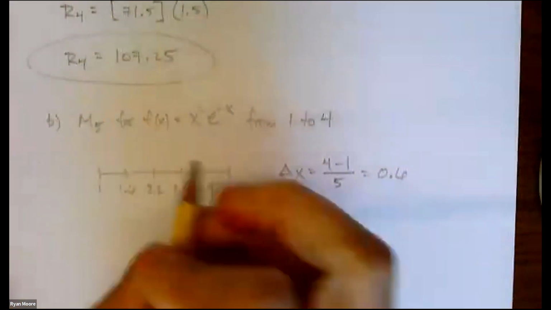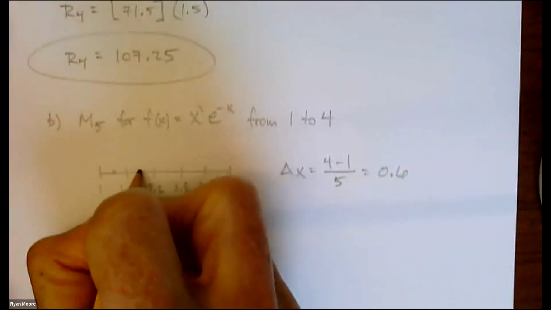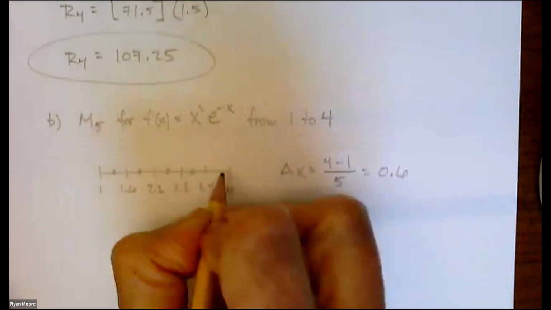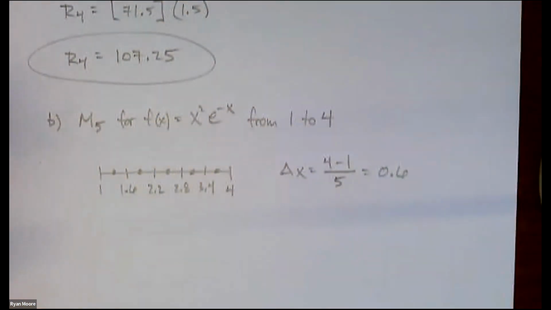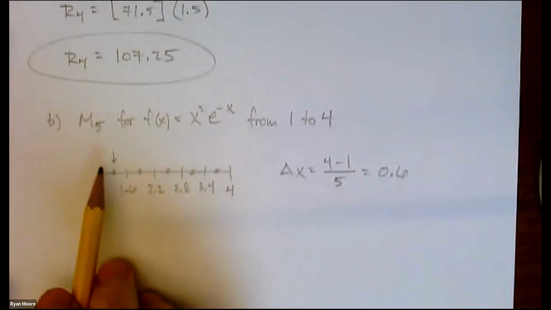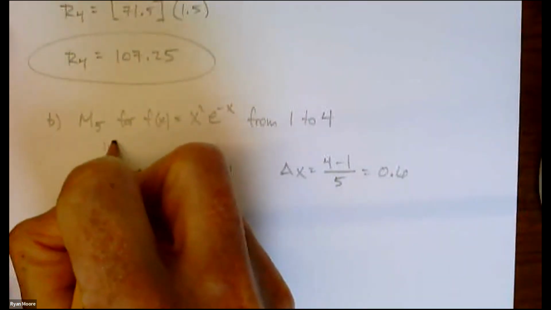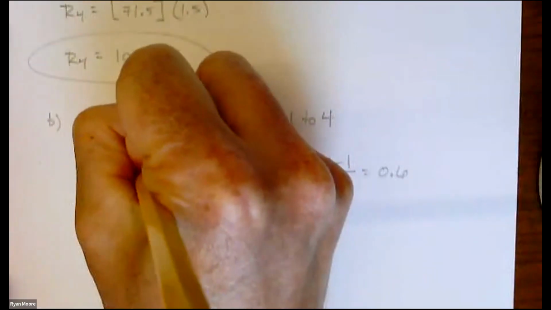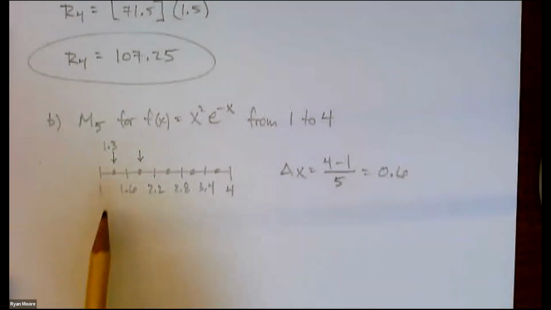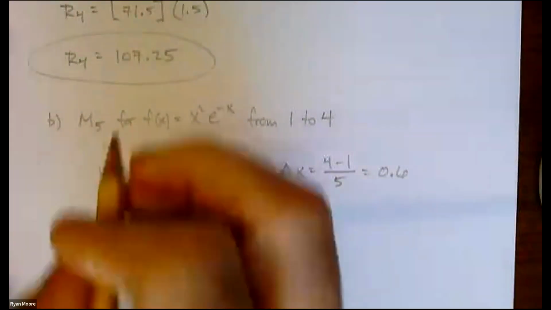But what I need is the midpoints. So I've got to figure out where all these midpoints occur. That's where the heights of my rectangles will be. If that's halfway between, that's at 1.3. The next one's at 1.9.